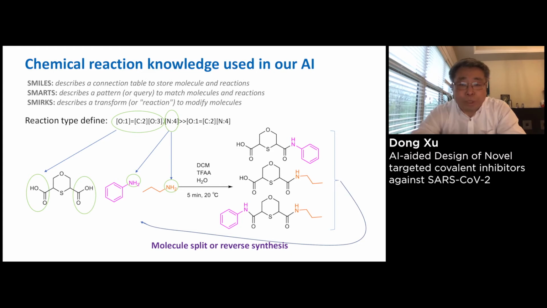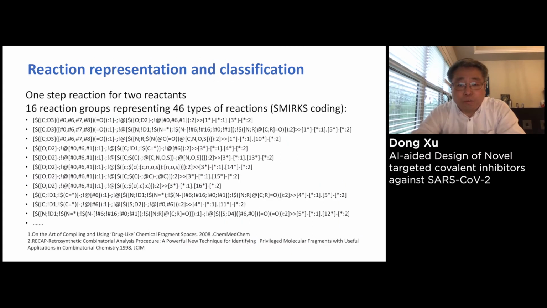And then we define these reactions into 46 types, and they are grouped into 16 categories. They are encoded by such SMIRC representations. So this representation you can view as its underlying chemical knowledge and chemical reaction possibilities or rules.